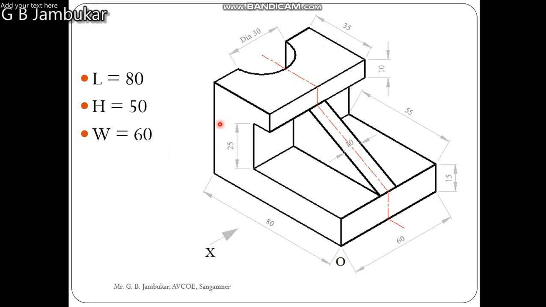Now it's a simple L shape and there is one extended portion and a rib is used to support the object, and from the top side a semicircular slot is provided for the back side of the object. So this reading of the object is important with the understanding of the dimensions. Now the next important thing is how to draw the views.